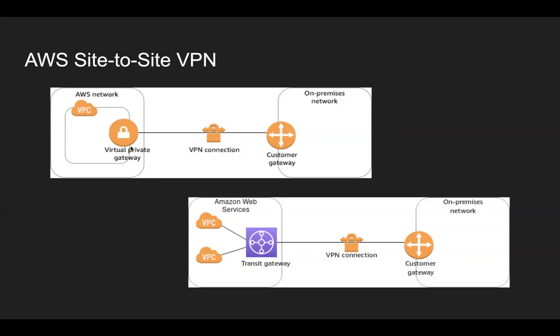Instead of using a virtual private gateway, you could also use a transit gateway, which also provides some additional functionalities that we already spoke about in terms of end-to-end, edge traffic or transitive traffic. You can connect multiple VPCs to a transit gateway, and then through a VPN connection as part of an attachment of a transit gateway, you can connect it to your customer gateway device.